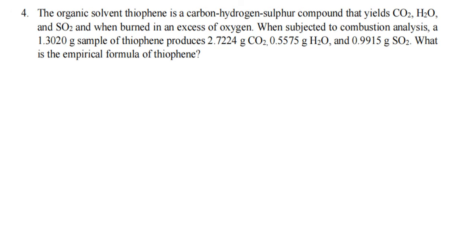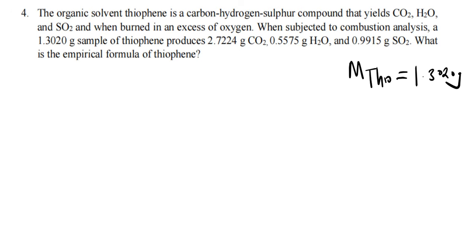Okay, so basically, what are we then going to do? The mass of thiophene, they've given us that when subjected to combustion, this is the mass of thiophene that is there. Here we have to be very careful. So the mass of the sample itself, the mass of thiophene, we are saying it is 1.302 grams.